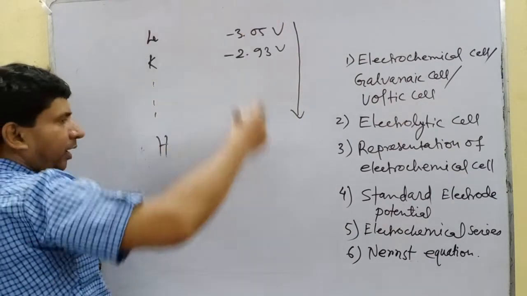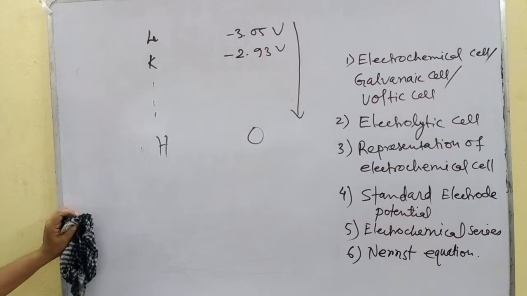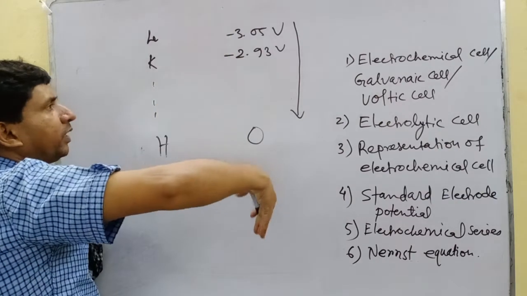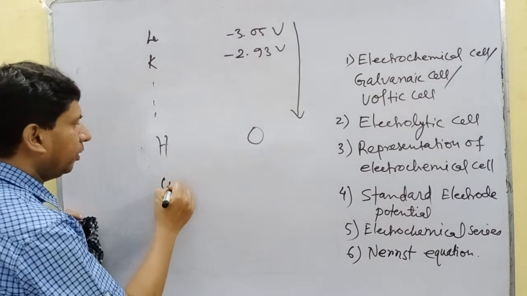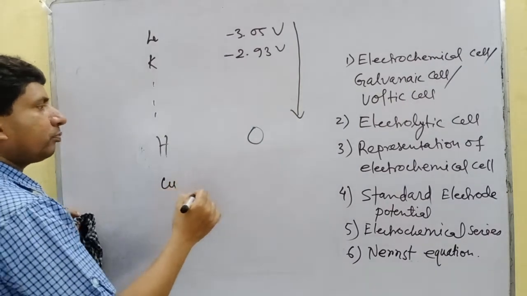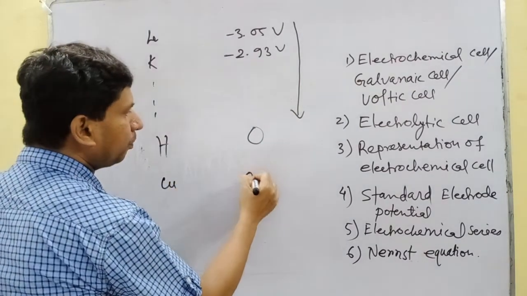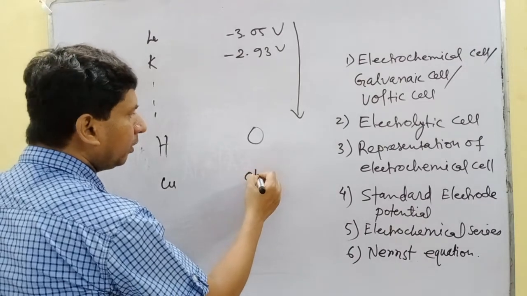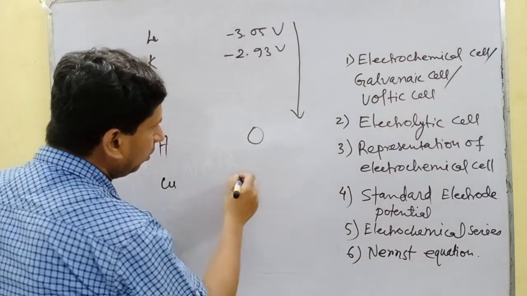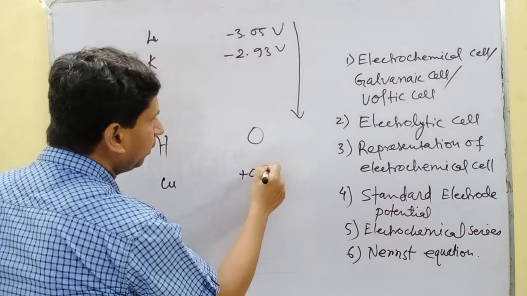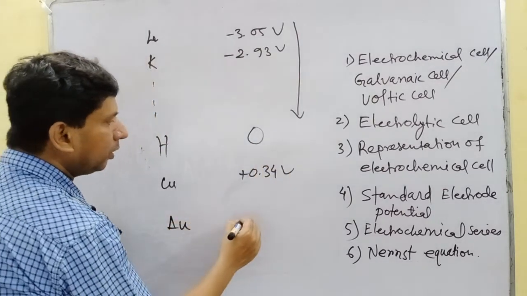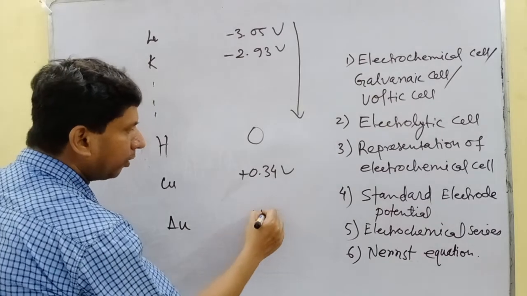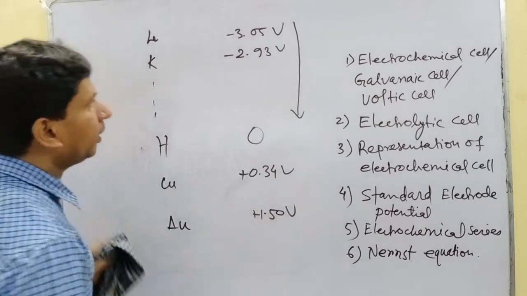This is the electrochemical series or activity series. Down the series, reduction potential increases, and we already know copper is plus 0.34 volt, and gold about plus 1.50 volt.